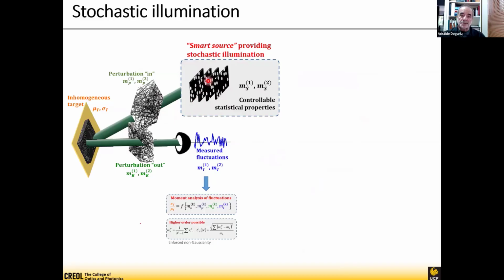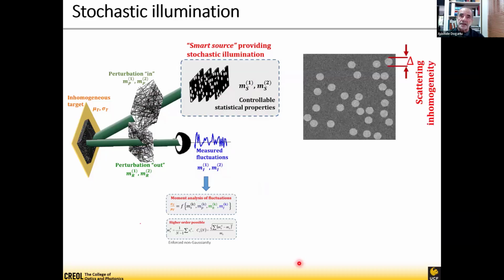I have a random process illuminating a random target, I detect fluctuations, and from fluctuations I can get the first, second order moment, and so on. Of course, the first two moments of a distribution, and this is not limited to the first two moments, but I'm just giving you an example here, are rather robust against additional perturbations that may happen on the way in and the way out towards the target.